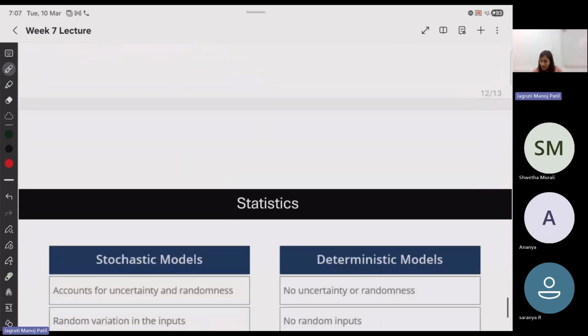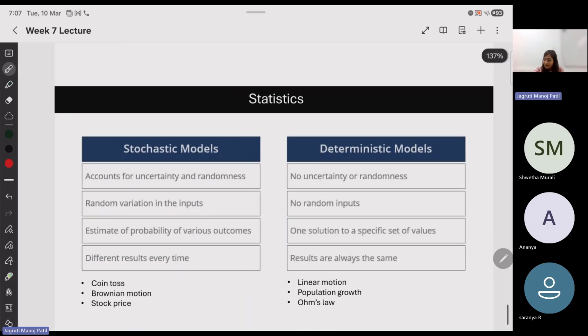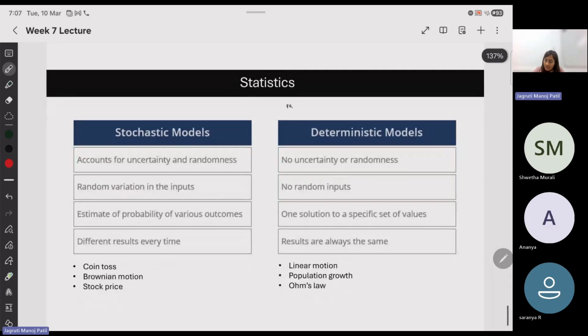After that, we had statistics. That was the last part. What statistics means is, as you might have done up to this stage, mean, median, these are our basic parameters.